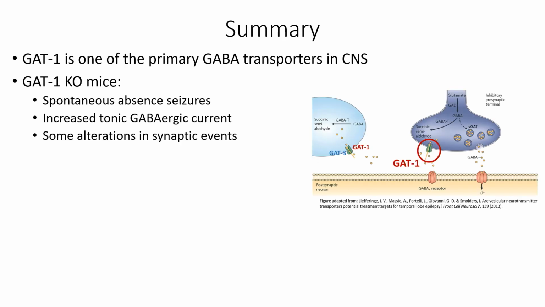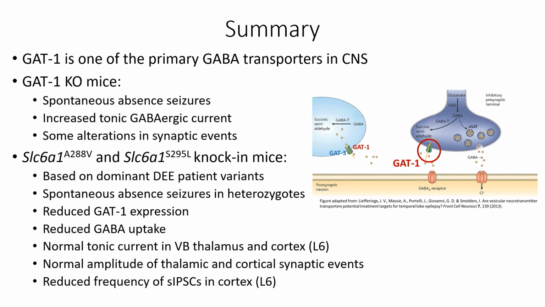To summarize what I've told you so far, GAT1 is one of the primary GABA transporters in the CNS, and GAT1 knockout mice have spontaneous absence seizures. They have increased tonic GABAergic current and some alterations in synaptic events.